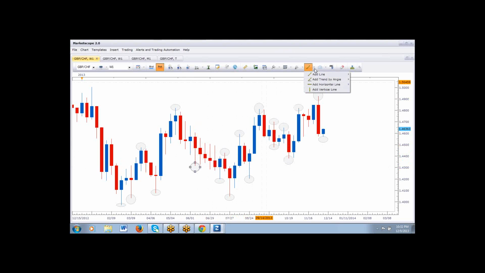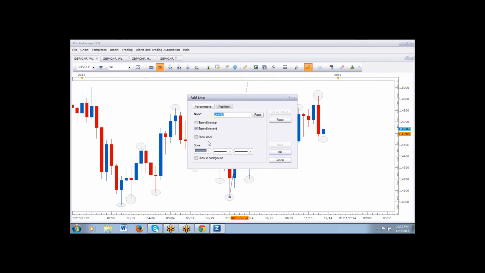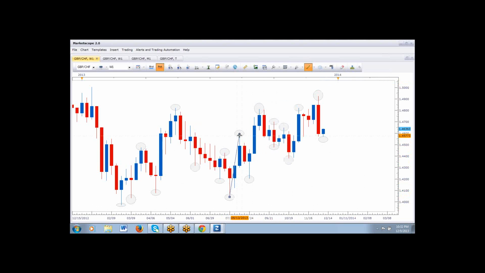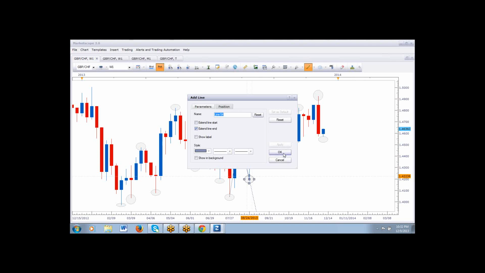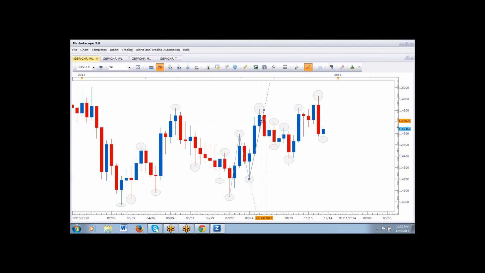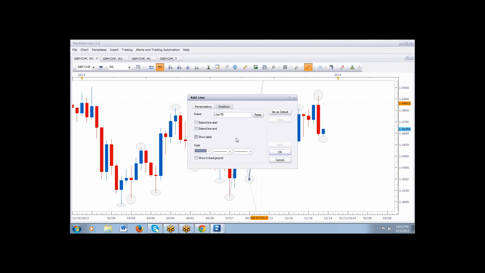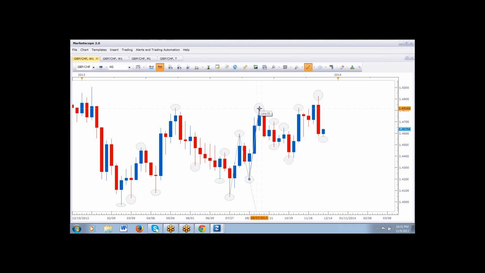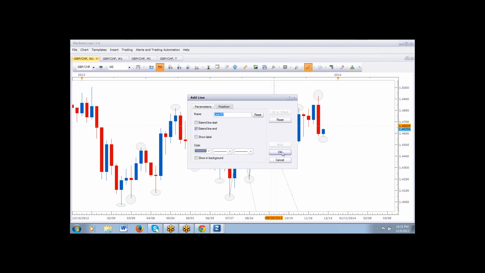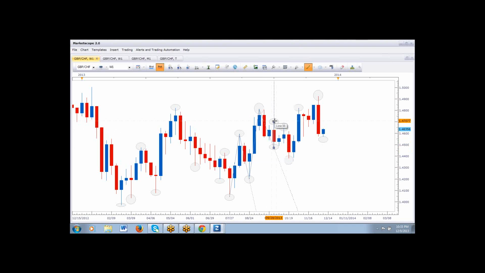Alright, so if we're going to fill in all the blanks, find the low from here to there, here to there, here to there. So here to here, there. Do we want to do that?